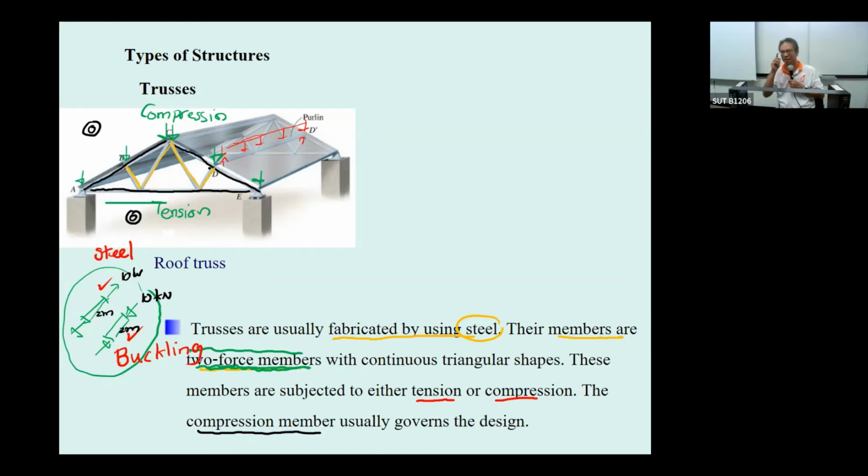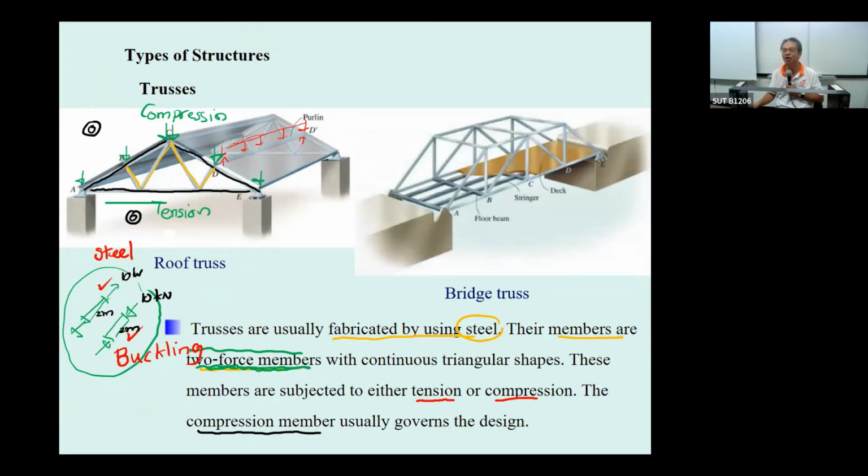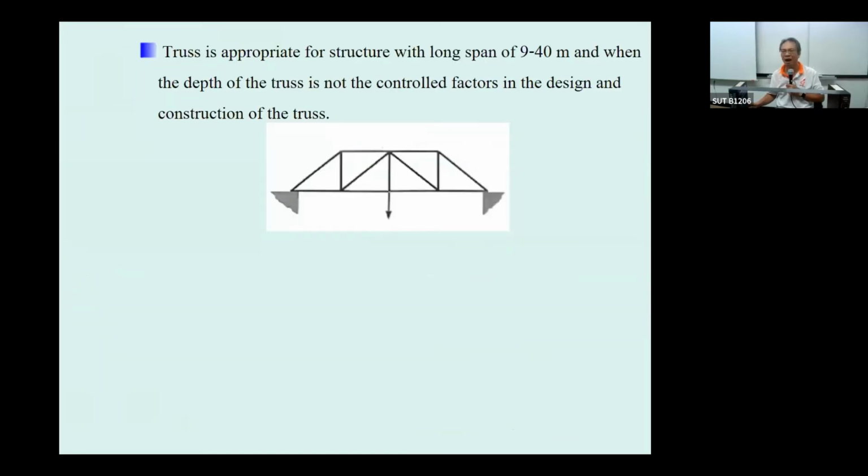Not only the roof, there is the bridge. A very large bridge can be built by the steel truss. A lot of bridges built in the past, usually for trains across the river, were built by the truss, and they are good because the truss is appropriate for long-span structures.